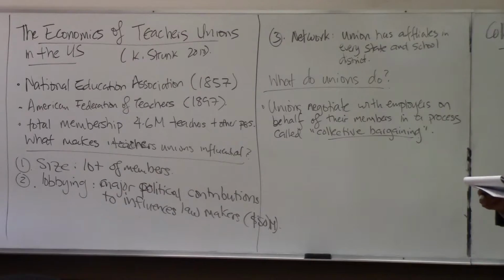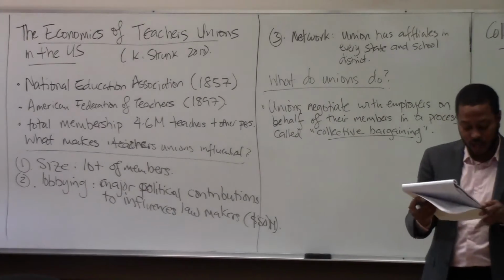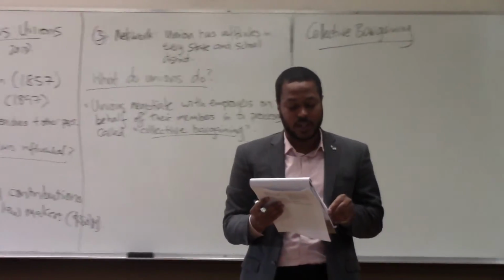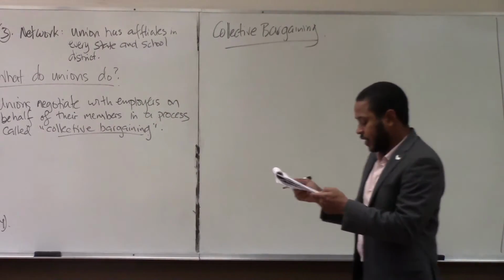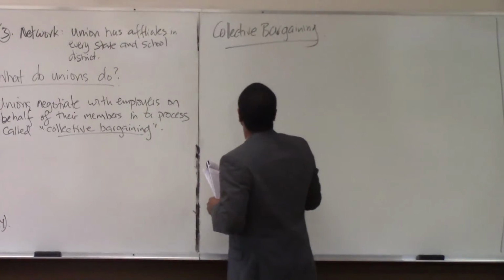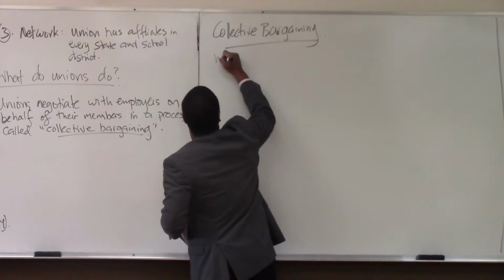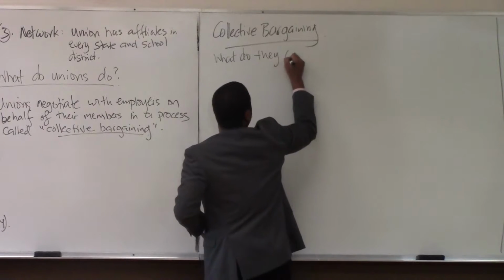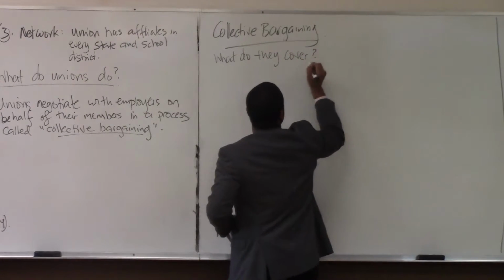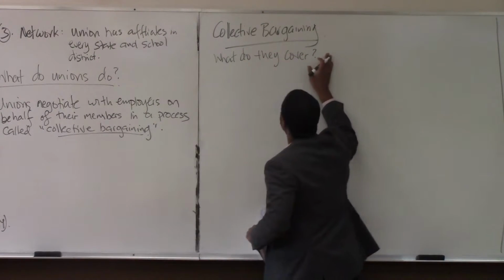Okay. What do collective bargaining laws cover? What three things do collective bargaining laws cover? What's the first thing that they cover? Teachers' contracts. Say that again? Teachers' contracts. No, the collective bargaining laws.